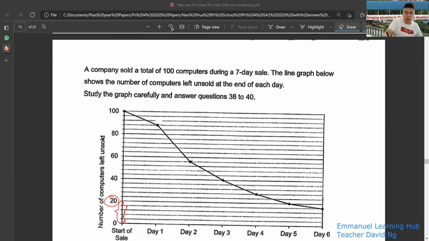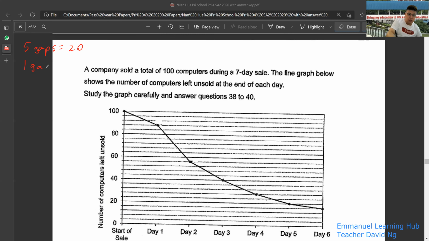Okay. So each gap is, 5 gaps is 20. Each gap is how many? 5. 5 gaps is 20, right?